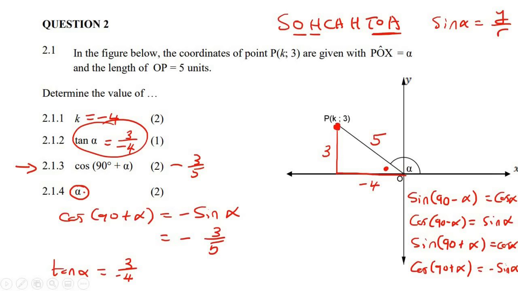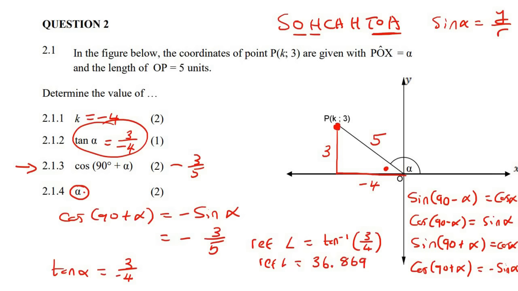Only some schools in South Africa use the negative on the calculator, but most schools, like 99%, don't. So you find your reference angle by saying shift tan of positive 3 over 4. If you work that out, I'm going to keep 3 decimals for now, that's 36 point 869.